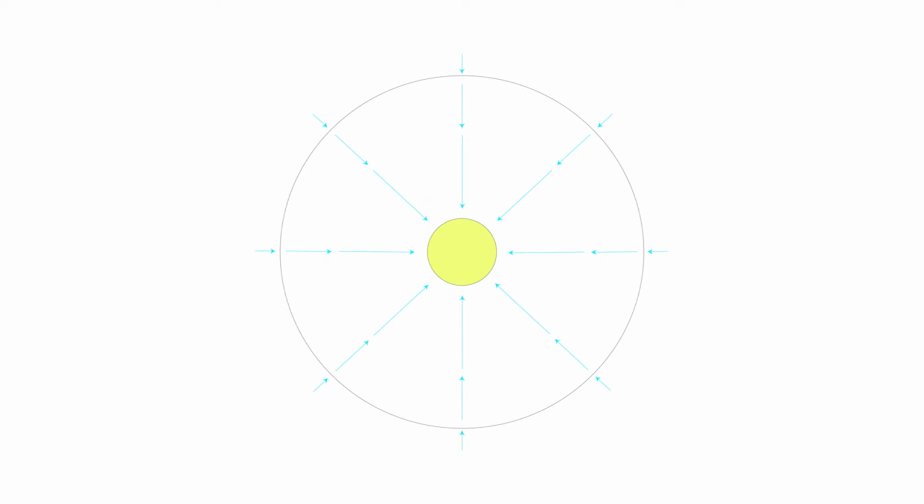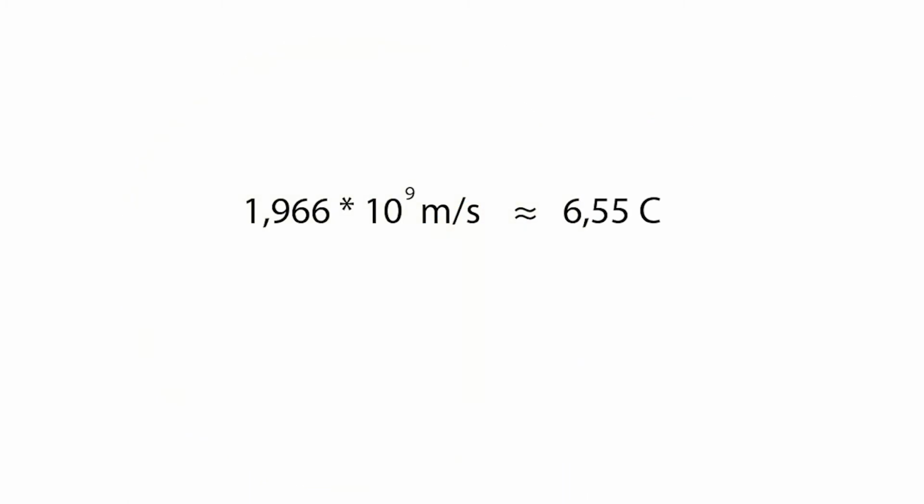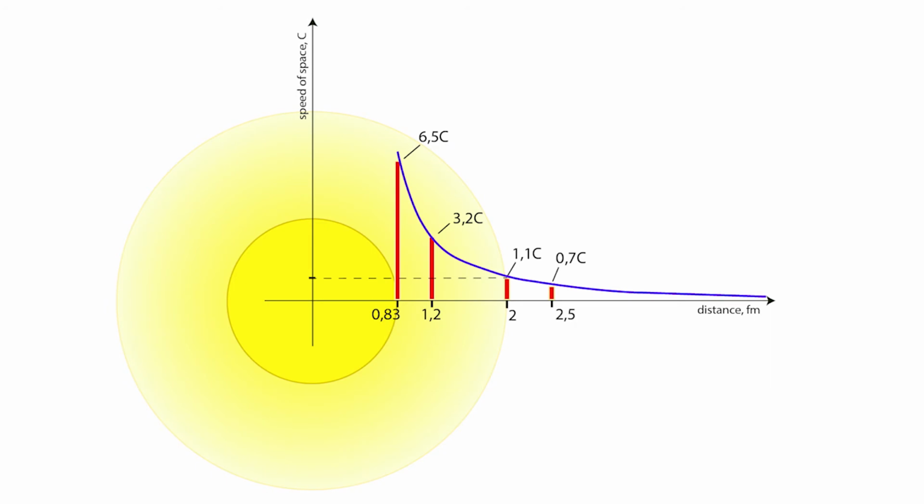Then the speed of space on the surface of this ball will be equal to the speed of space nearby the nucleon. Because the ball is that many times larger than 1 nucleon, the speed of space increases that many times while approaching. So, at the distance of the charge radius from the center of the nucleon, we have a speed of space 6.5 times more than the speed of light, but it decreases rapidly with increasing distance. And at a distance of around 2 Fermi, it is equal to the speed of light.